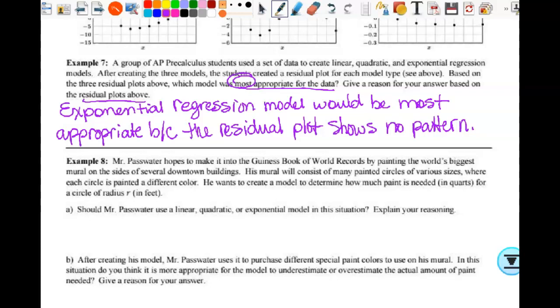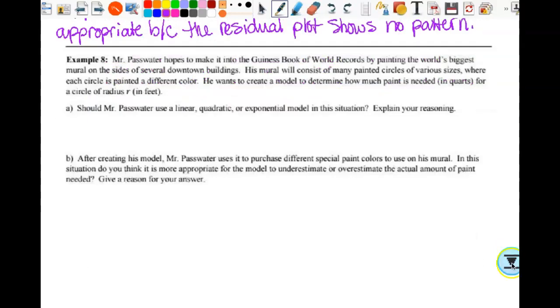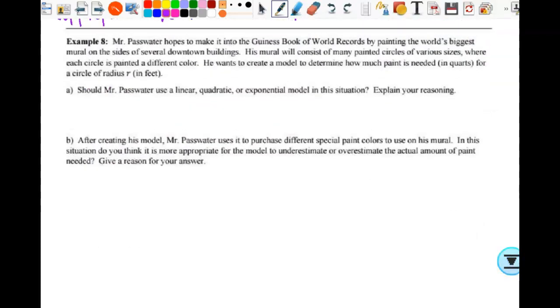Beautiful. All right, let's look at example 8. Mr. Passwater hopes to make it to the Guinness Book of World Records by painting the world's biggest mural on the sides of several downtown buildings. His mural will consist of many painted circles of various sizes where each circle is painted a different color.